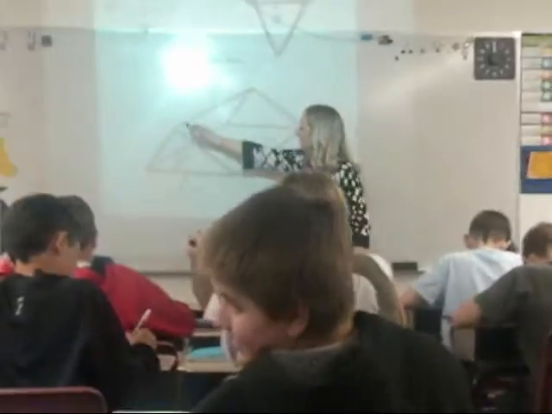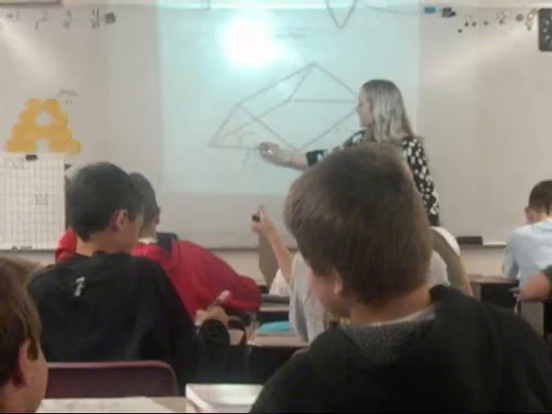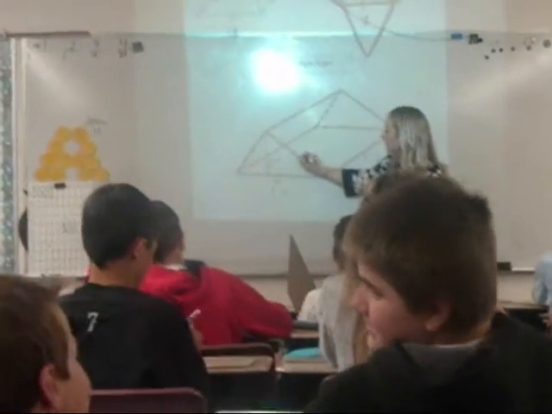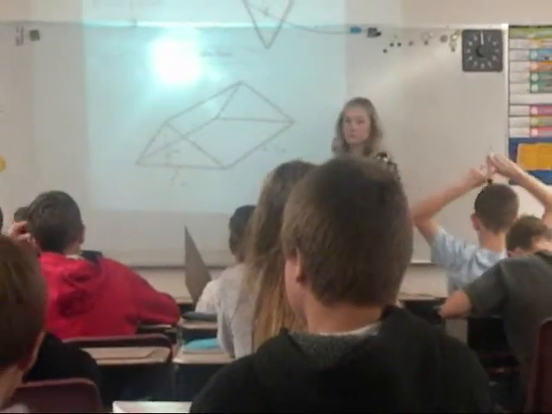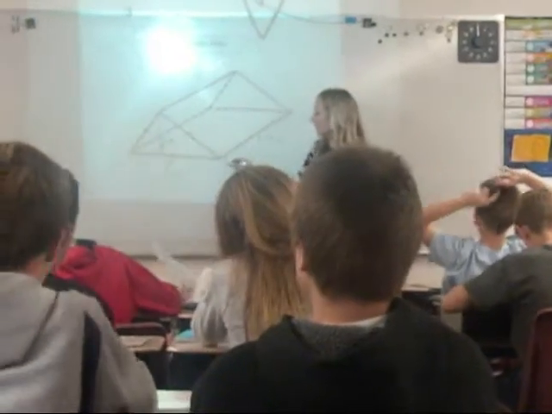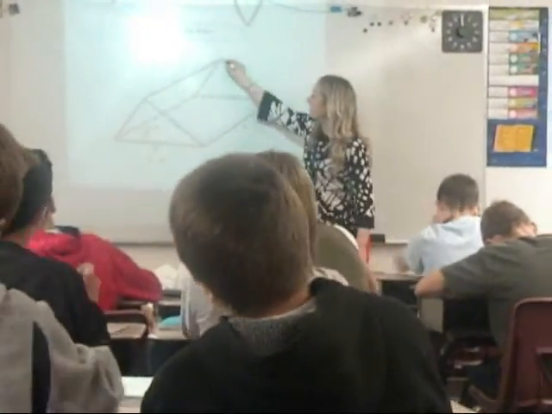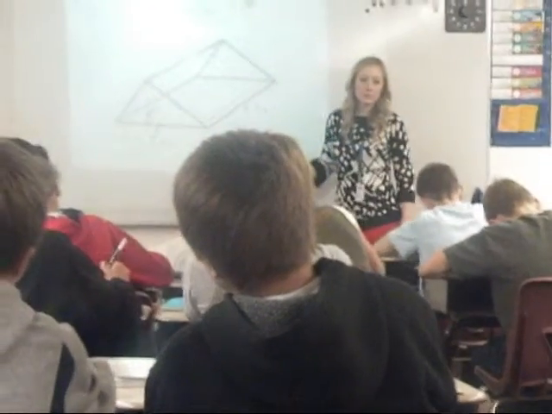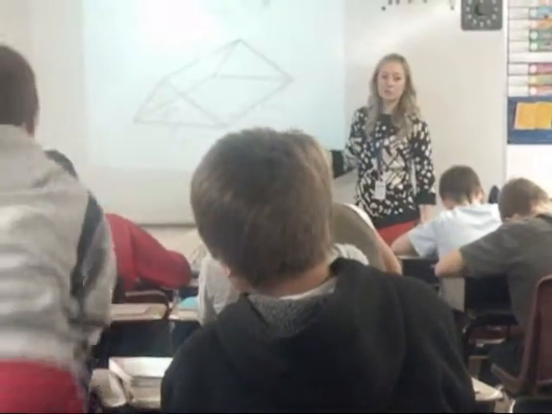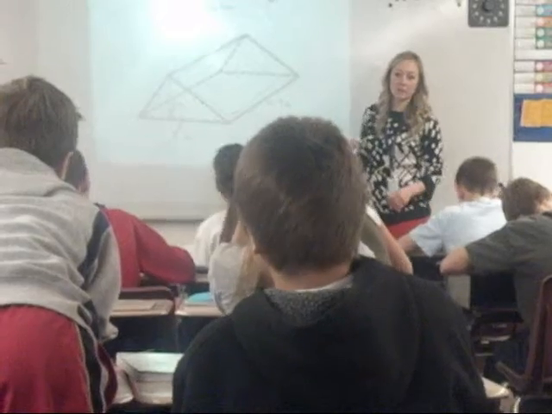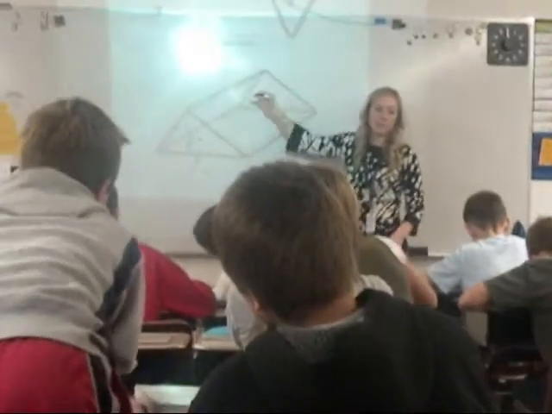If these are all the same size, this would just be 5. If you're finding this shape, what is this shape? A rectangle. So you just do length times width, or base times height, for a rectangle.